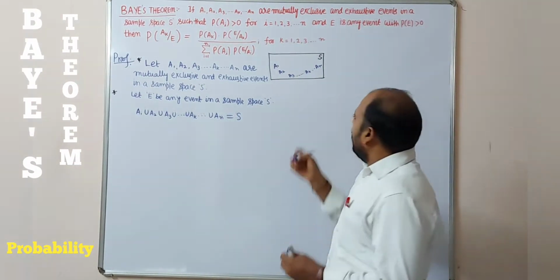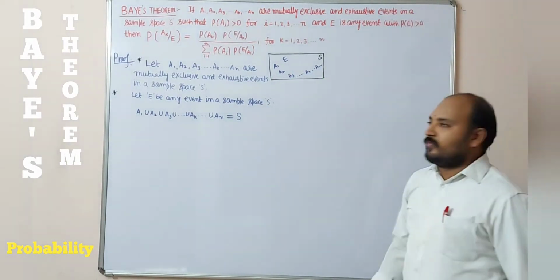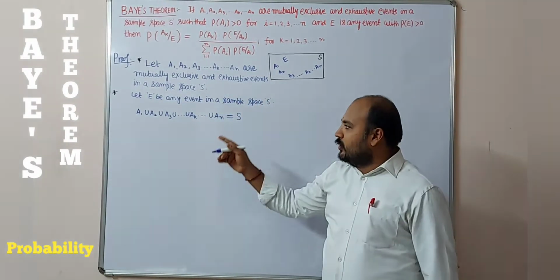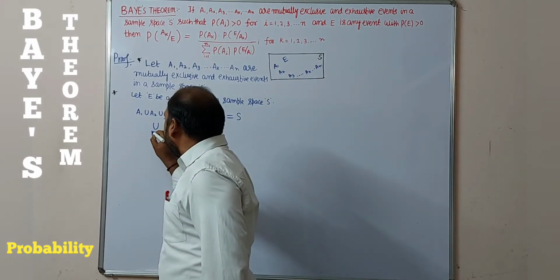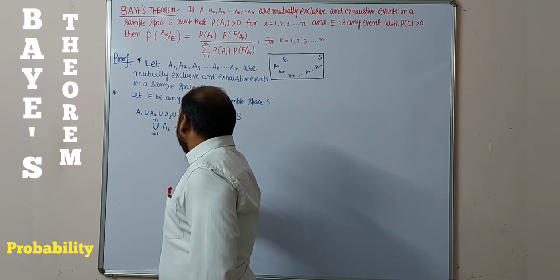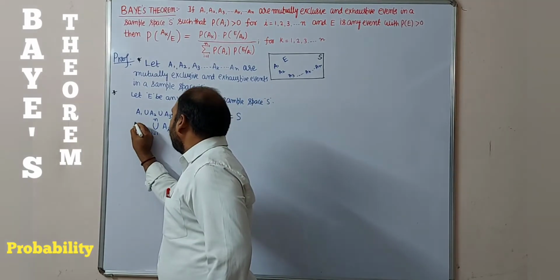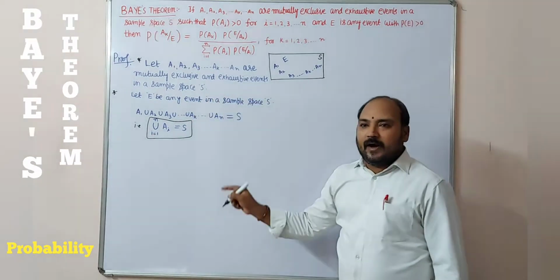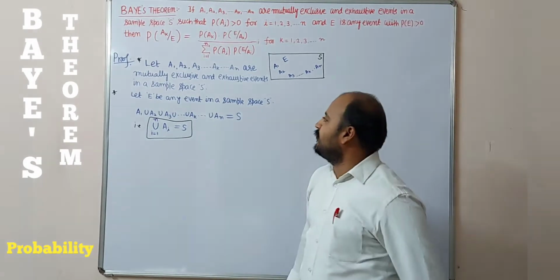And E is also any other event in the sample space S. Instead of writing all A1 union A2 union A3 and so on, we can write it as union of I equal to 1 to n, AI is equal to S. This you have to put in a box. That is, union I equal to 1 to n, AI is equal to S.